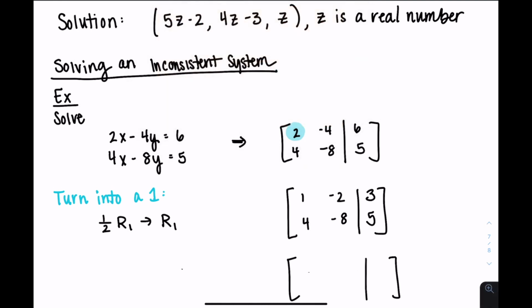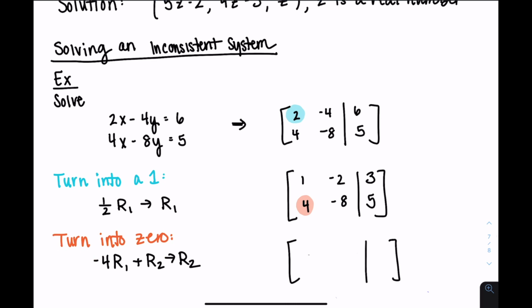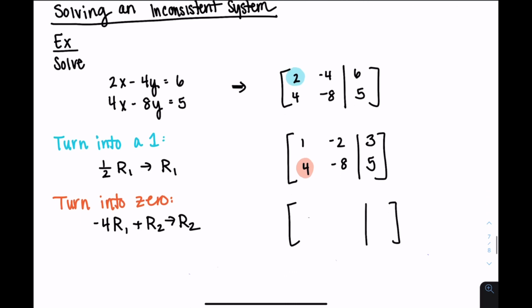So same process, I now turn this into a 0. So I want to take -4, multiply it by row 1, and that's going to give me my new row 2. So this one's a little bit easier for me to fully write. Let's go ahead. -4 row 1 is -4, 8, and that's going to be -12.